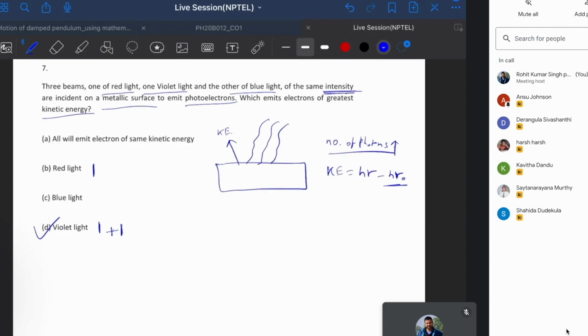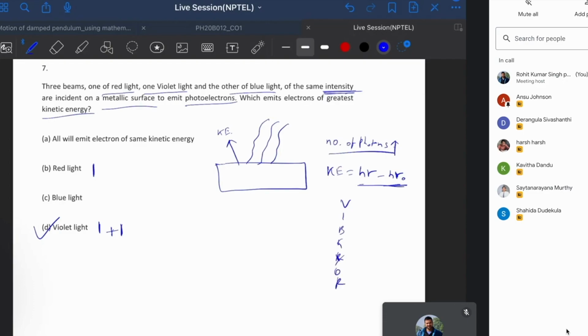So the kinetic energy doesn't depend anywhere on the number of photons. It only depends on the frequency of the light mu, right? And out of blue, violet, and red light, you know that the violet light has the highest frequency, VIBGYOR, right?